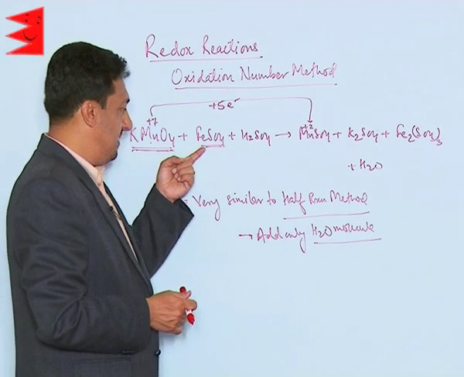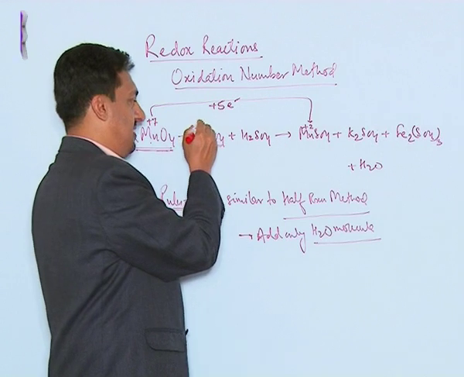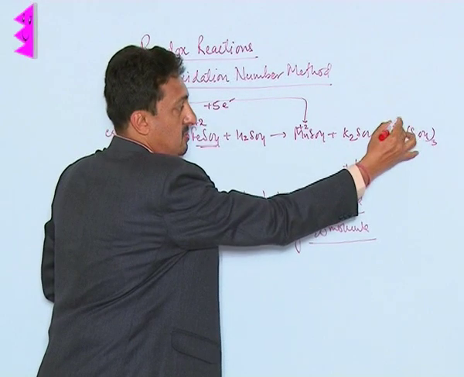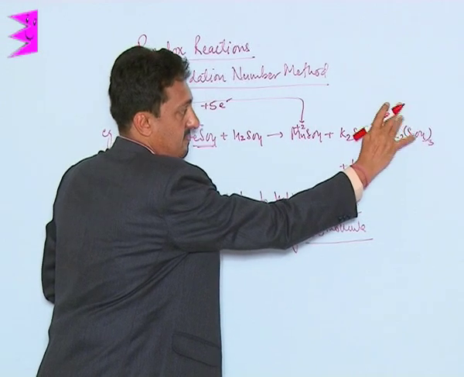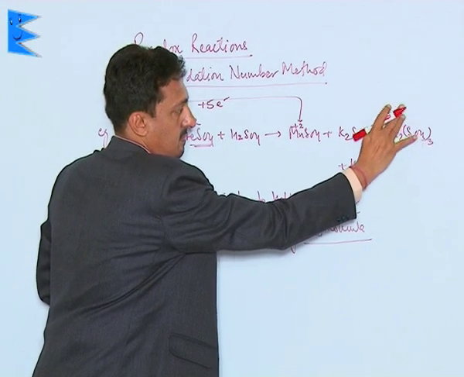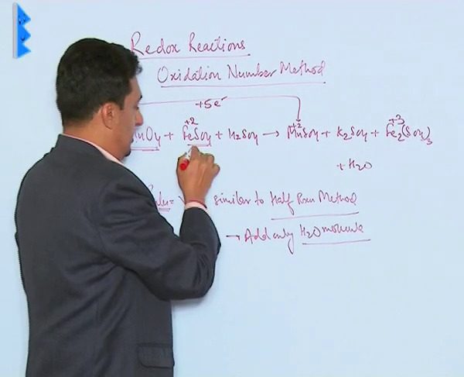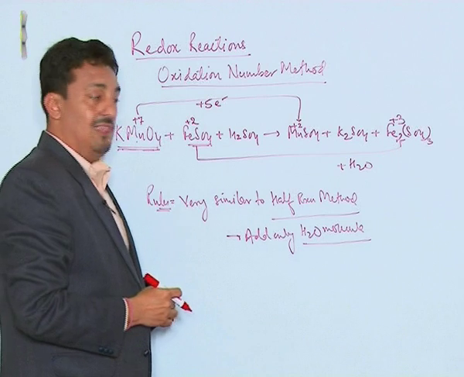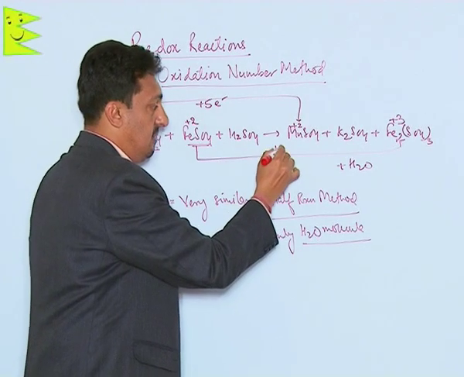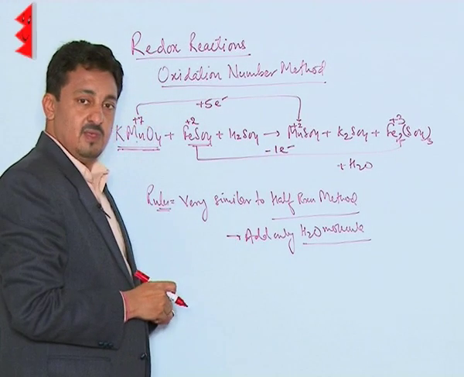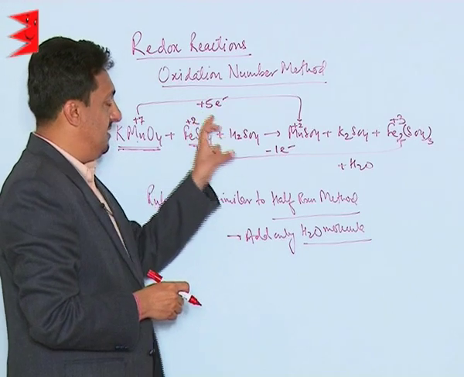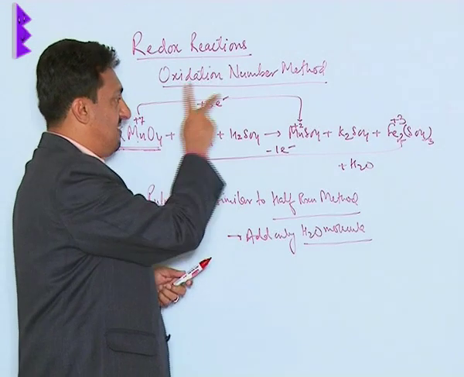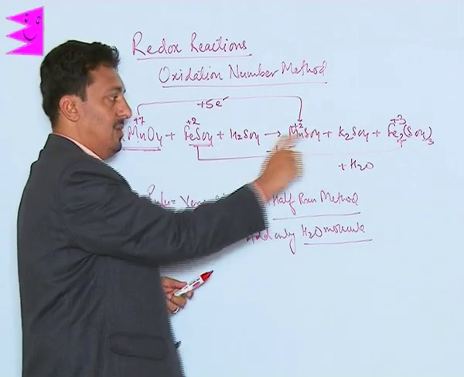On the other hand, the ferrous sulfate has ferrous ions existing in +2 state, changing to +3. So this is undergoing a loss of only 1 electron. We have to identify which species is undergoing reduction and which is undergoing oxidation.